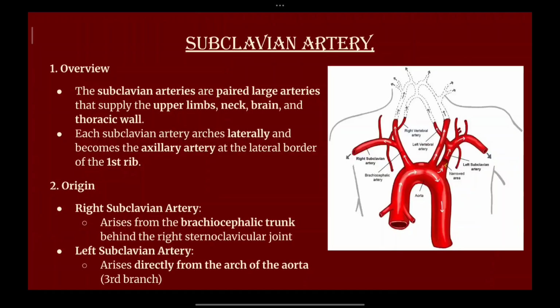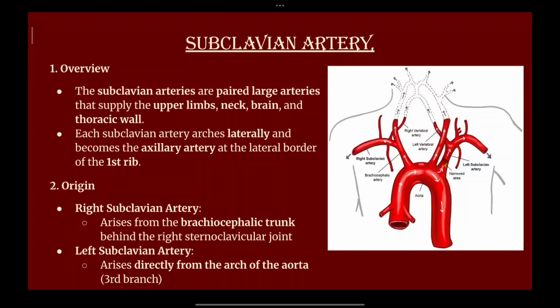Now moving to the second major artery that we are going to be studying today, which is the subclavian artery. The overview of the subclavian artery: they are paired large arteries that supply the upper limbs, neck, brain and thoracic wall. Paired means both the left and right sides have subclavian arteries.